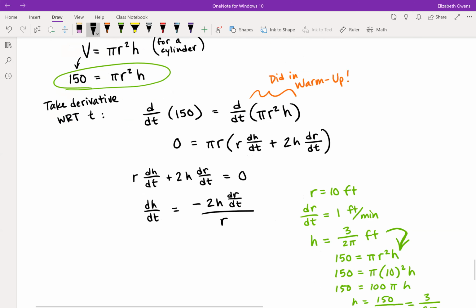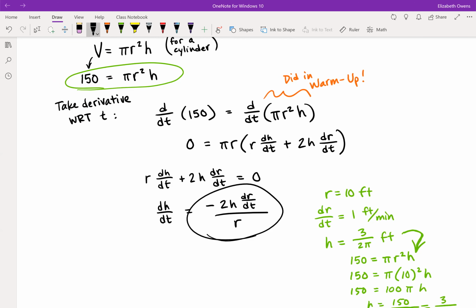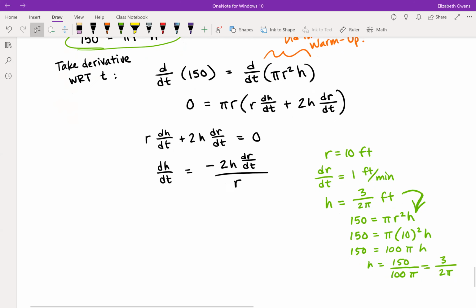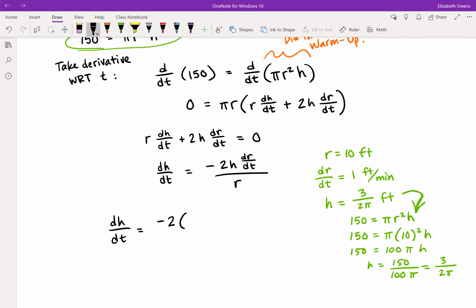So now that we have all the values for this right-hand side here, we can go ahead and plug them in. dh/dt is going to equal -2 times h, which is 3 over 2 pi feet, times dr/dt, which is 1 foot per minute, divided by r, which is 10 feet.